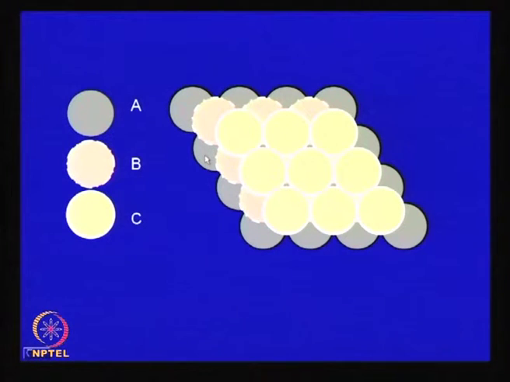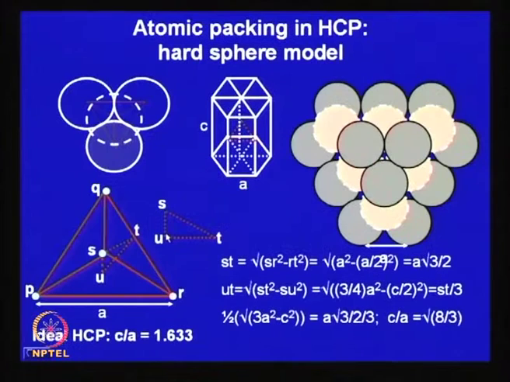So, the third layer is again A. So, in hexagonal close packed structure, the arrangement is A B A B like that. And it will be interesting to look at atomic packing in hexagonal close packed structure using this hard sphere model.